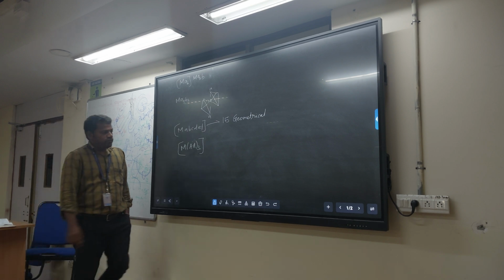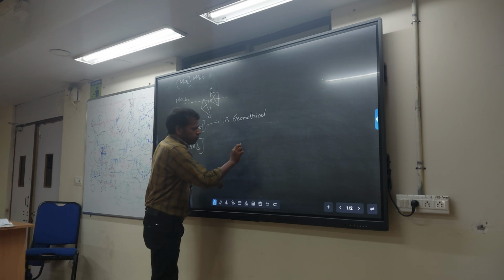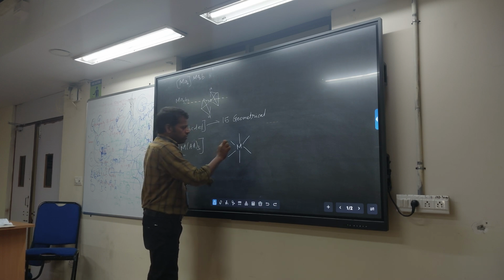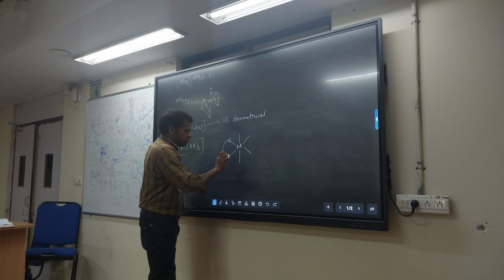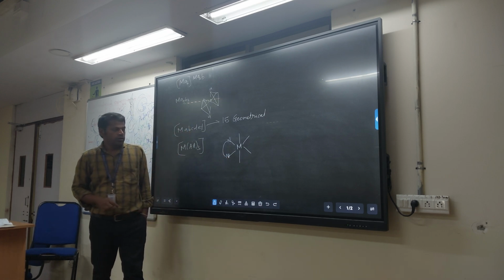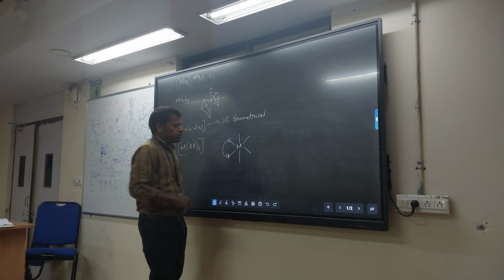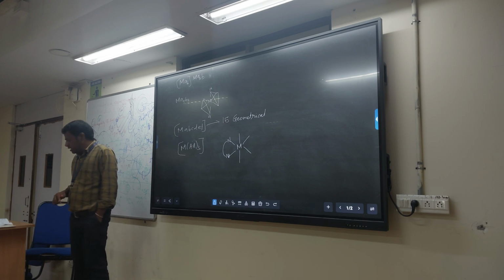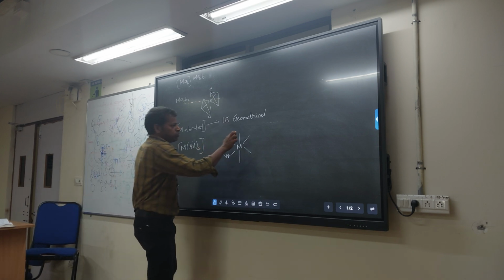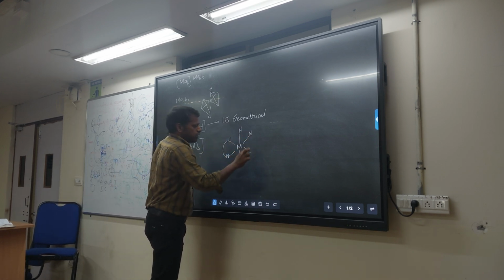So here, for example, you take the metal and draw the octahedral geometry, maybe ethylene diamine NN, and here also NN.